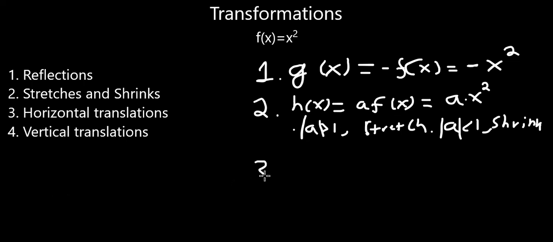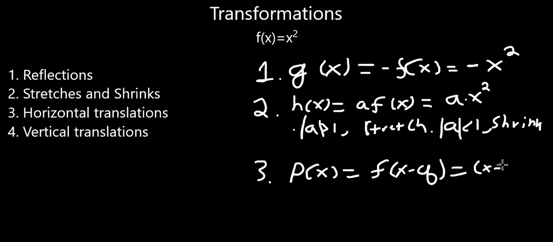Okay, let's take a look at 3, horizontal translations. This would be if you had p of x is equal to f of x minus q, which would equal x minus q squared.